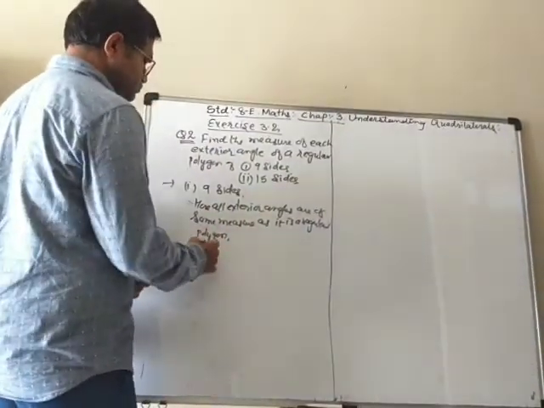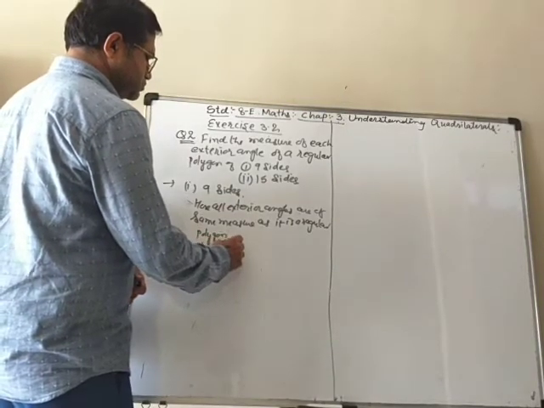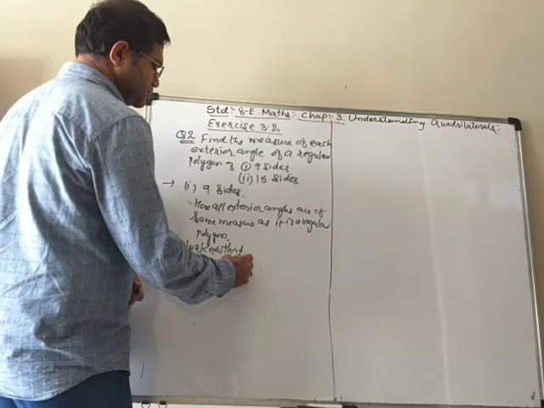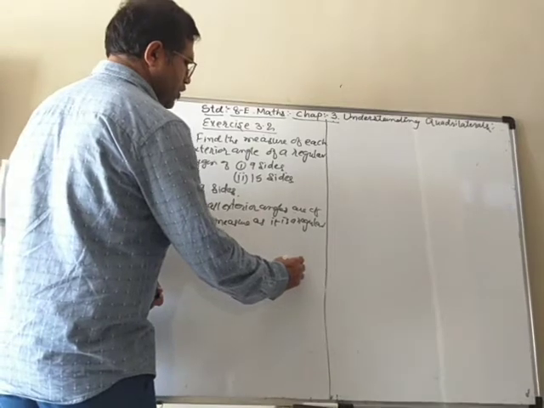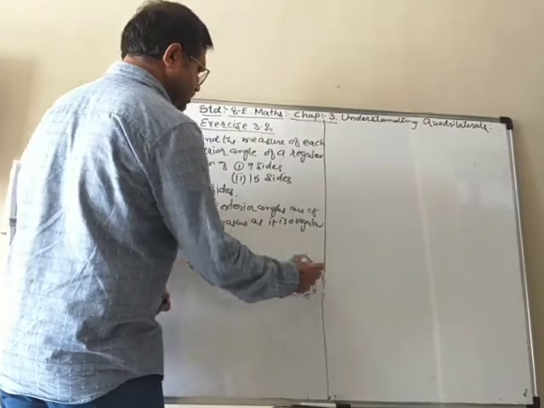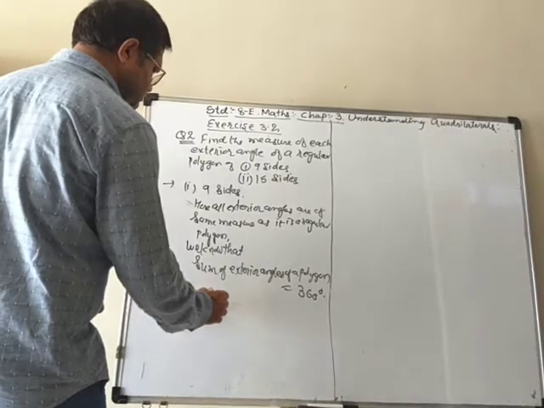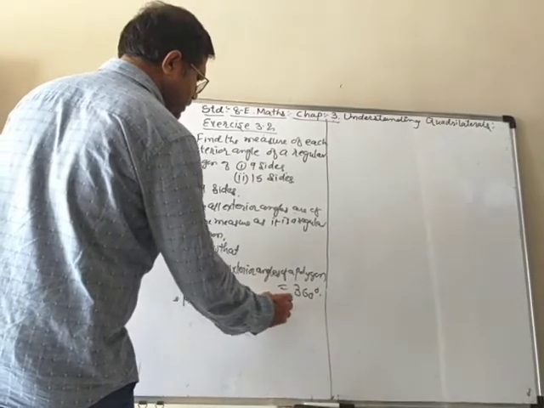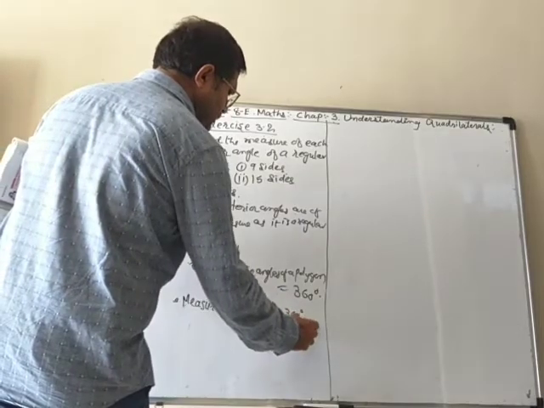Therefore, now we know that the sum of exterior angles of a polygon is equal to 360 degree. Therefore, the measure of each angle is equal to 360 degree divided by the number of sides.